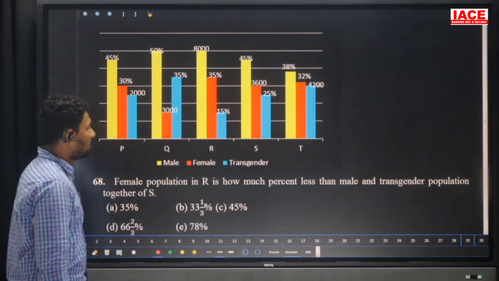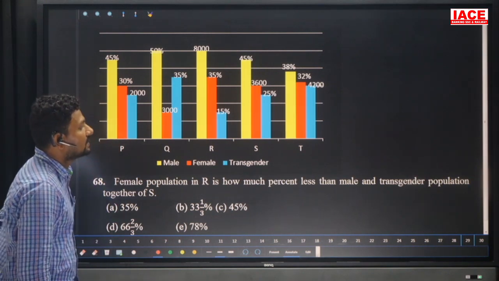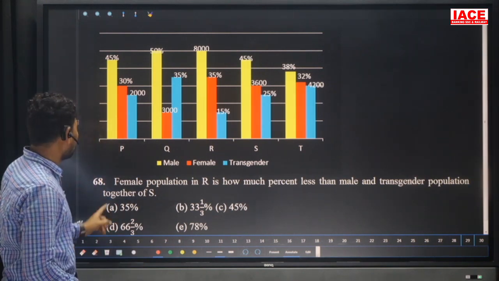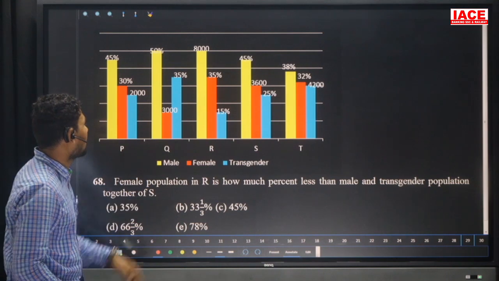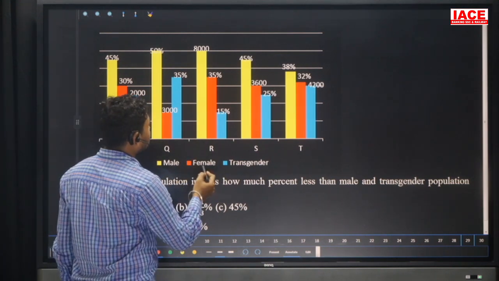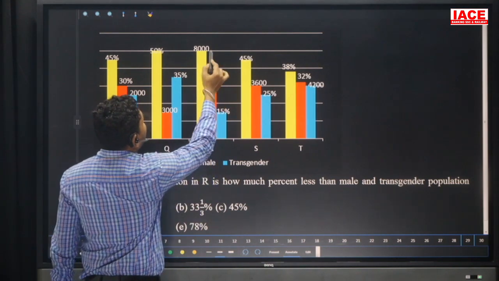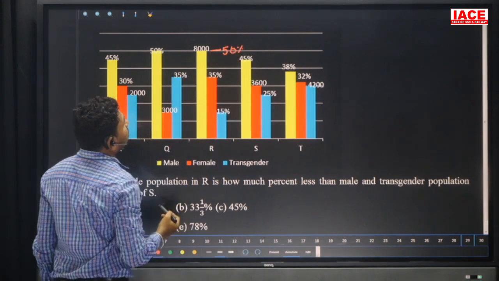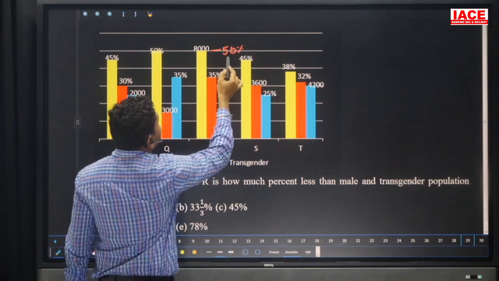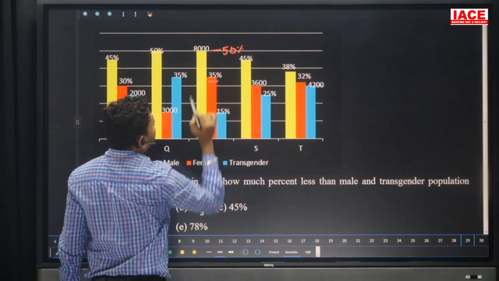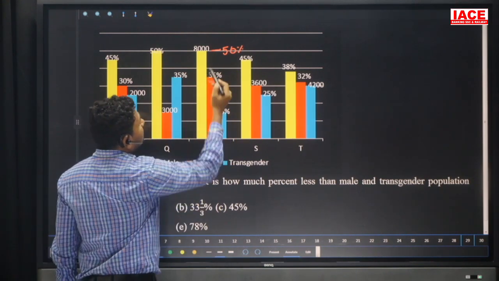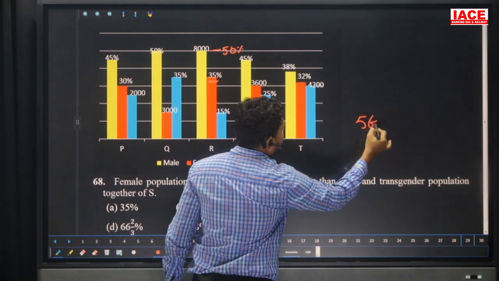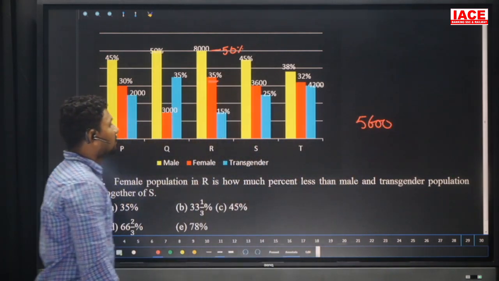Next, the female population in R is what percentage less than the male and transgender population together of S? The female population of R is the red color. 50% is equal to 8,000 and 100% is equal to 16,000. We multiply 16,000 by 35% to get the answer, which is 5,600.